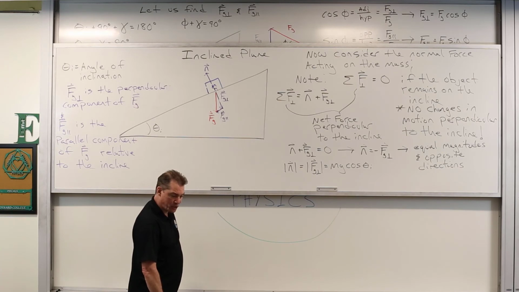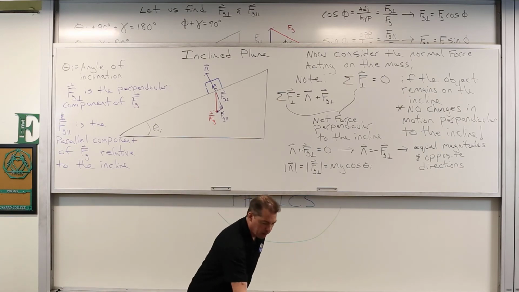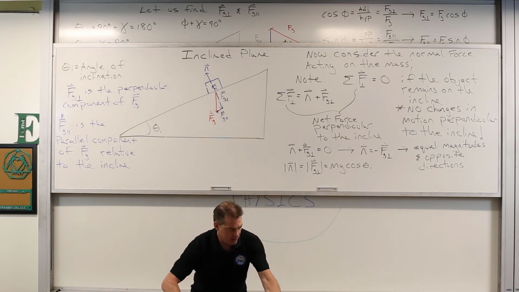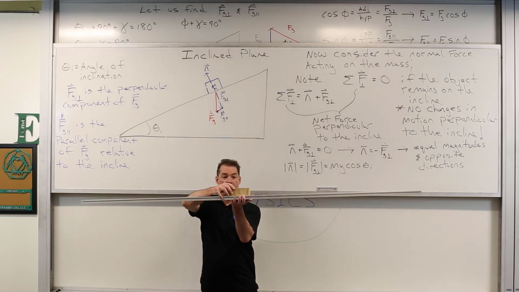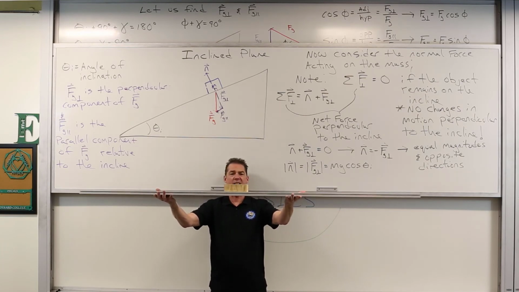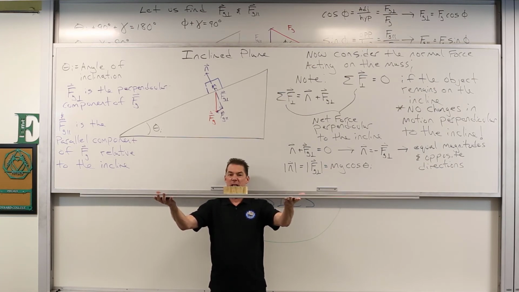All right, so let's think about this. Let me take this object here. I'll just hold on to this, and I'll say that this is held completely level. If this is completely level, the angle of inclination would be, that's right, it would be 0.